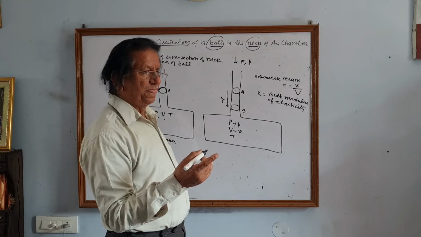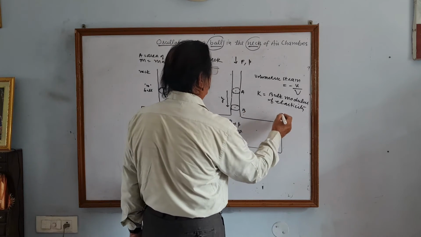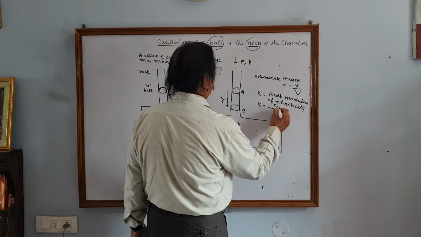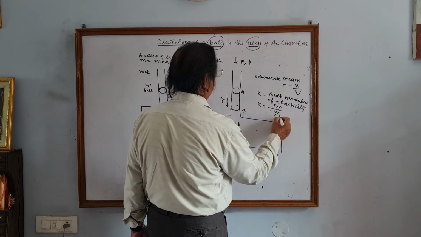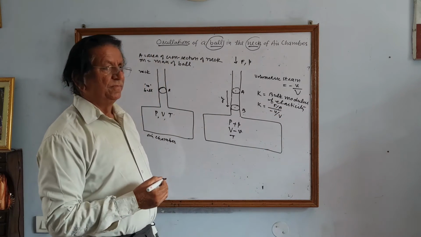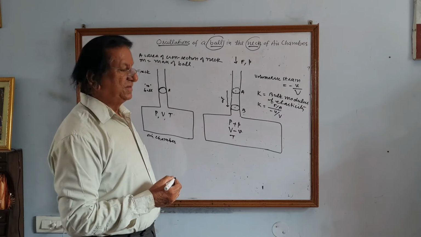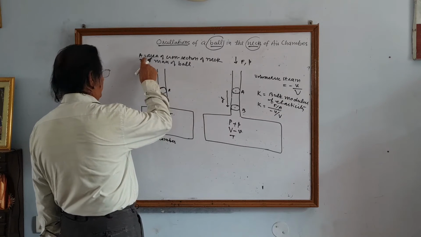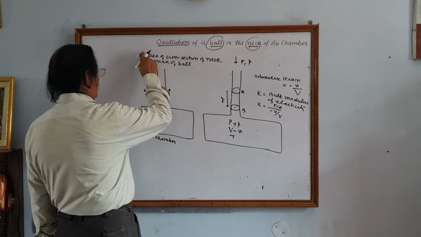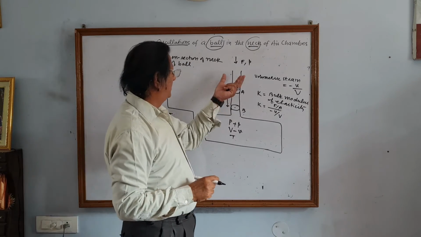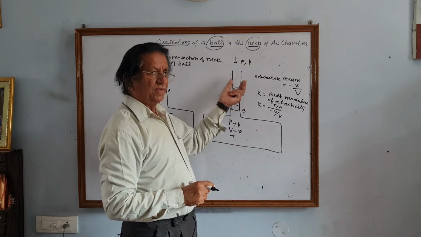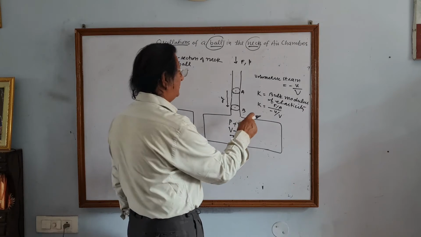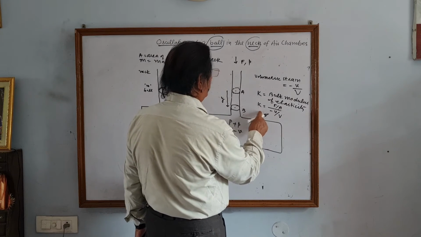Got my point? The bulk modulus of elasticity is stress by volumetric strain. Stress is force over area. This force has been applied on the area of cross section of the neck. This is the extra force, extra pressure applied here. Clear?